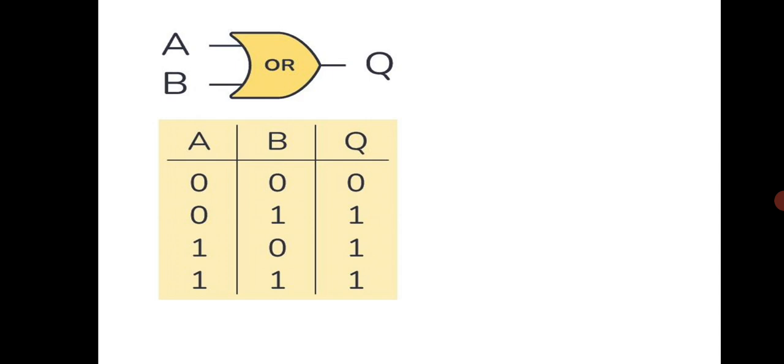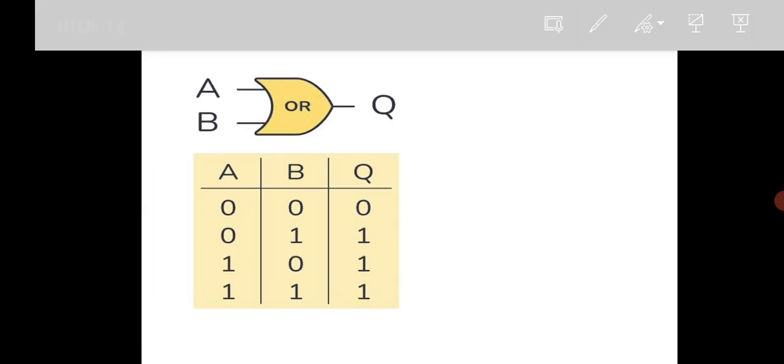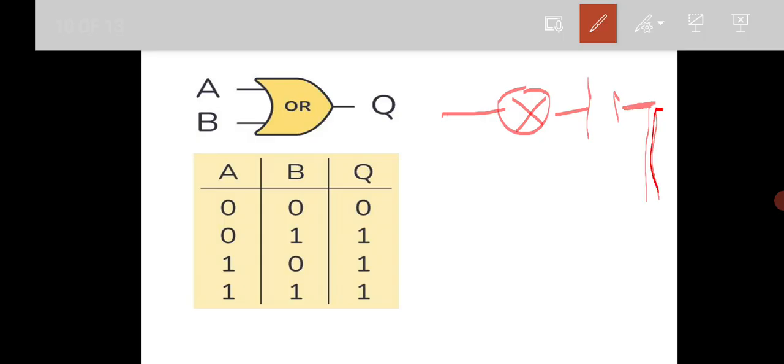Great. Let's look at an OR gate. An OR gate is a situation whereby you have a bulb, and then you have a source of power. Let's say we have a cell here. And then we have two switches.